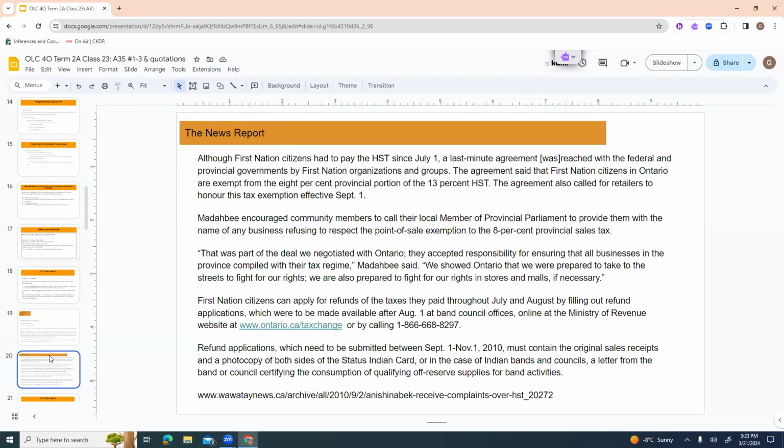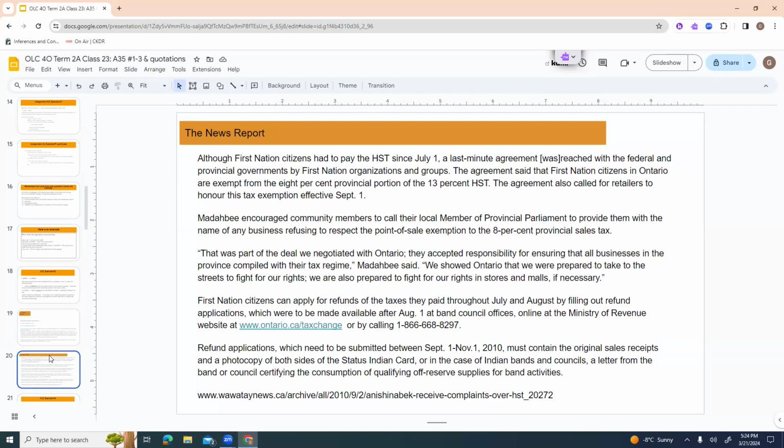Although First Nation citizens had to pay the HST since July 1st, a last-minute agreement was reached with the federal and provincial governments by First Nation organizations and groups. The agreement said that First Nation citizens in Ontario are exempt from the 8% provincial portion of the 13% HST. The agreement also called for retailers to honor this tax exemption effective September 1st.